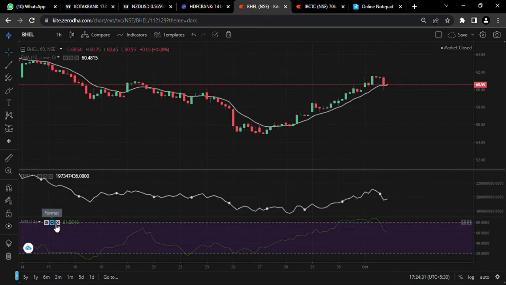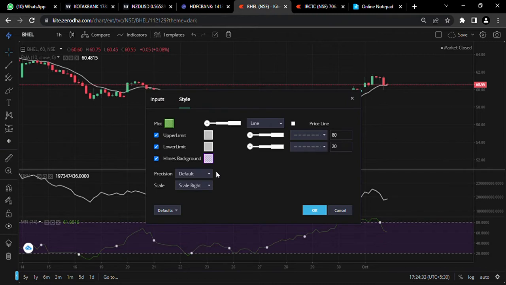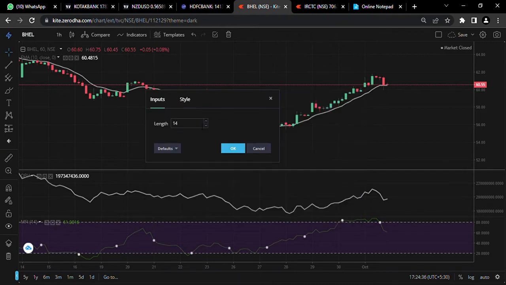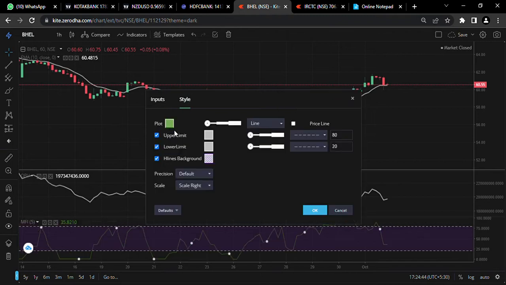And there is a setting of the money flow index, where the length is 14 period. Instead of 14, just give the number 5 period, and you can change the color of that line. All of the other settings will stay as they are. We do not have to change anything.